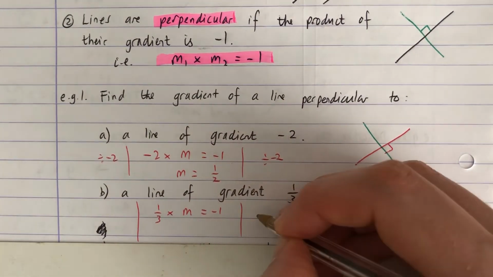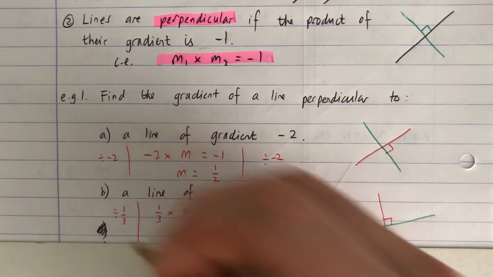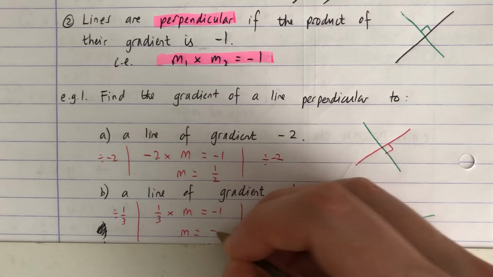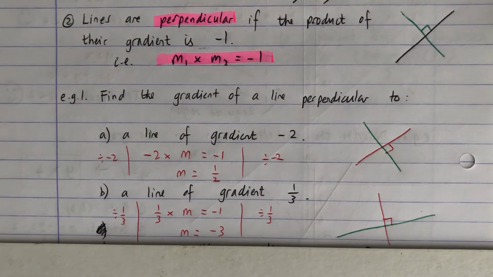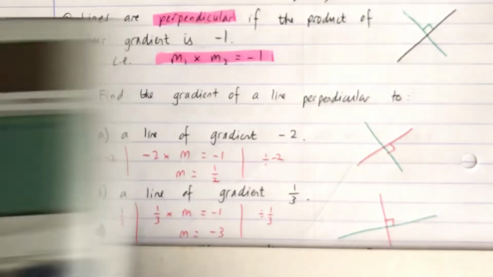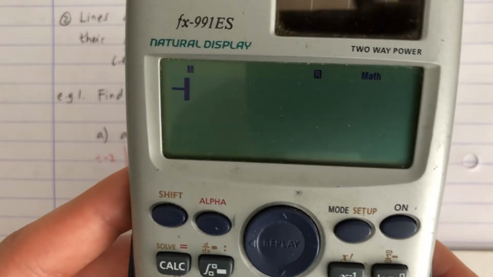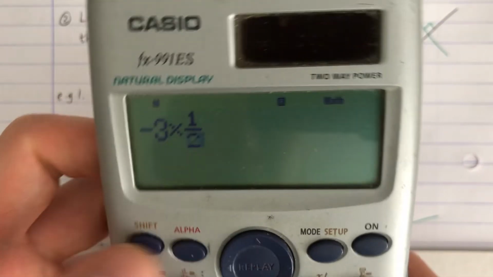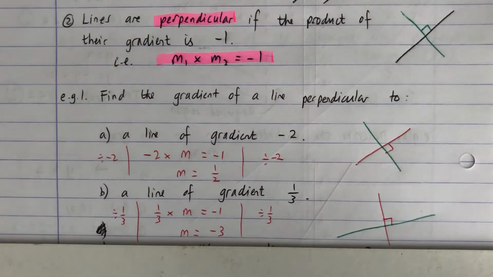And to find out that something, you divide by 1/3. And if you did that, you got a gradient of -3. And again, you can always check this on a calculator, by the way. If I took the gradient -3 and I times it by 1/3, the answer's got to be -1, which is what it is. So you can check your answers on a calculator as well.